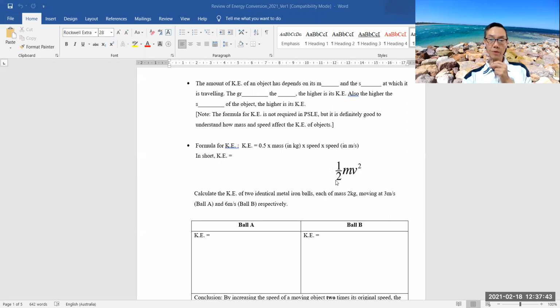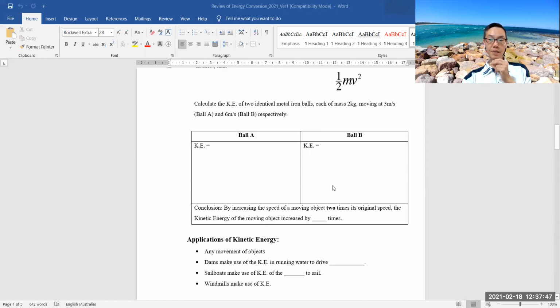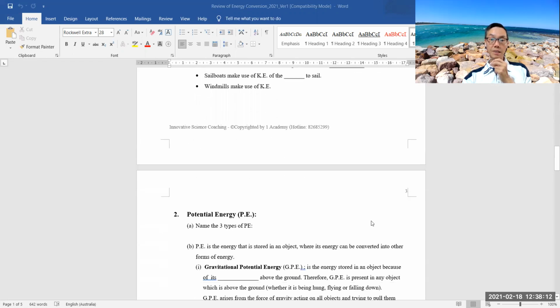Although this calculation is not required for PSLE, I like students to appreciate that if you double the speed of an object of the same mass, the kinetic energy will increase by 4 times. If you increase the speed by 3 times, the kinetic energy will increase by 9 times. There are also different applications of kinetic energy involved.